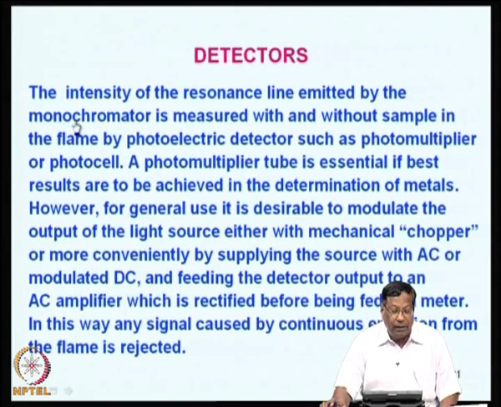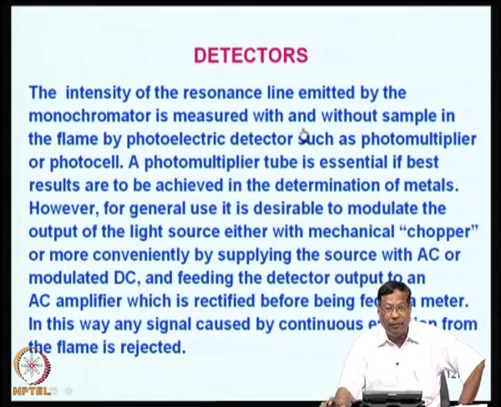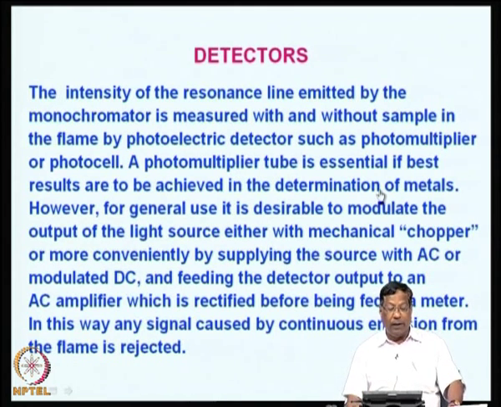While continuing our discussion on the detectors, in the last class I had explained that the intensity of the resonance line emitted by the monochromator is measured with and without the sample in the flame by the photoelectric detector. So, a photomultiplier tube is essential if best results are to be achieved in the determination of metals.